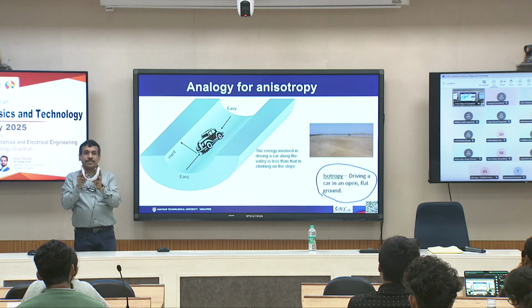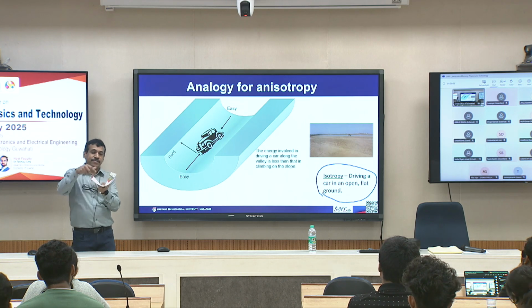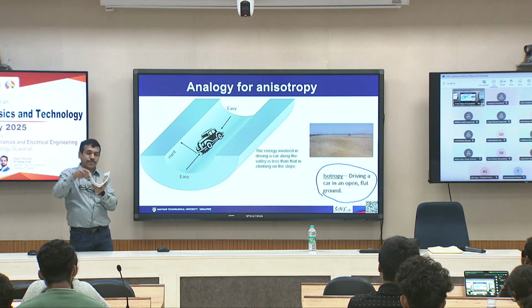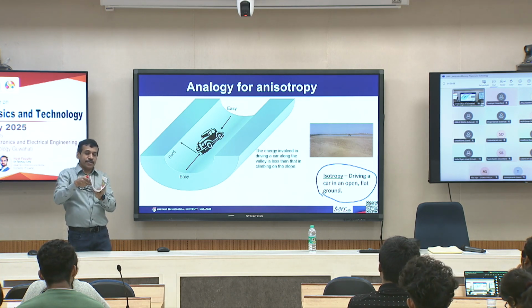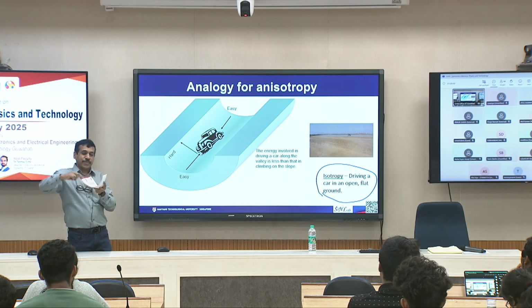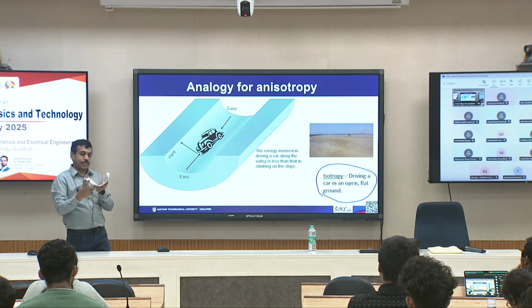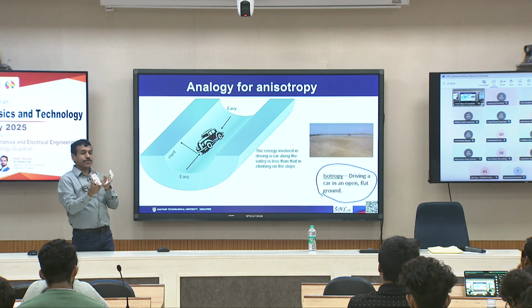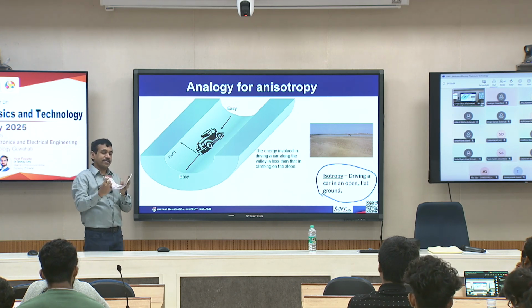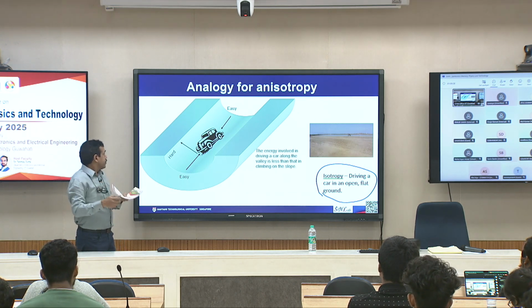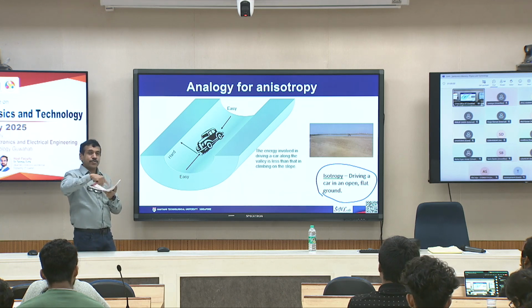Okay. You will find it easy, okay, because it is a straight road, right. You will find it easy, no problem. On the other hand, if you have to drive along this direction, okay, you need to press the accelerator a lot. Okay. So, you will find one of the directions to be difficult.